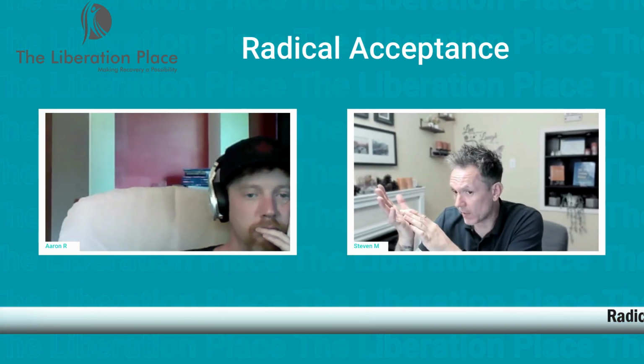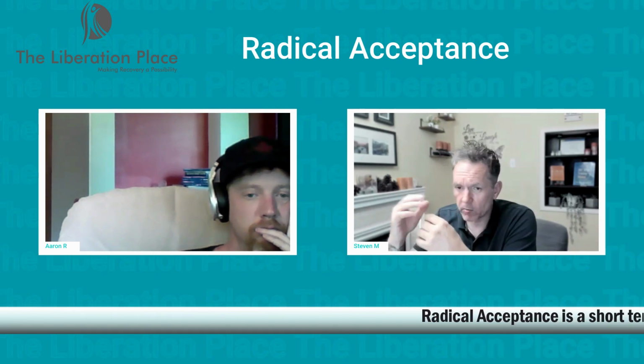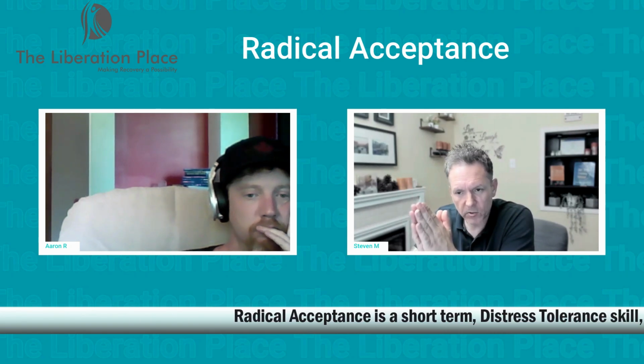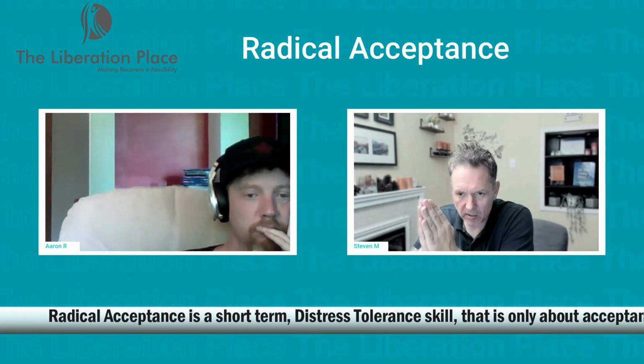What are the facts of this situation that I cannot change? Not what my story is about that situation, because my story will take me down the road of internal critics and different schema that have been activated. Radical acceptance is all about, in this moment, what are the facts of the situation that I cannot change?